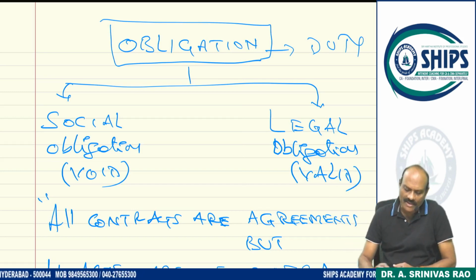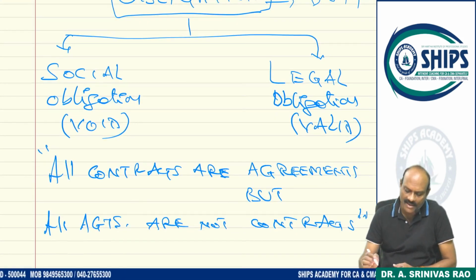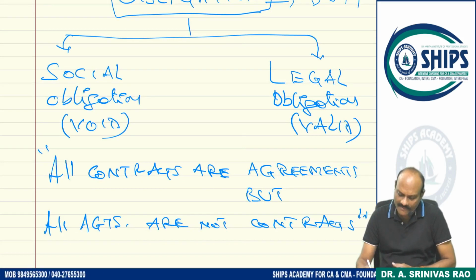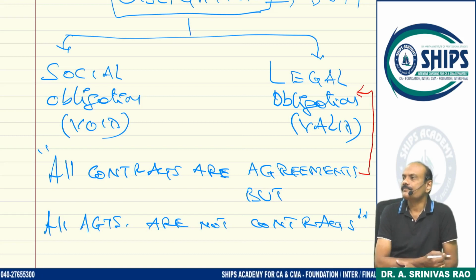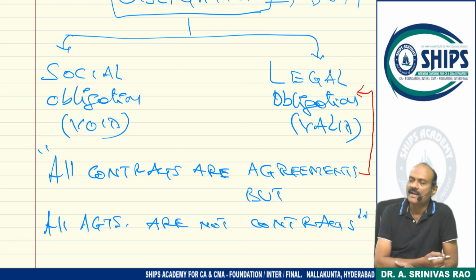If parties to agreement are intended to create a legal obligation, then all contracts are agreements. If parties are intended to create a legal obligation, we thought of creating a legal relationship.